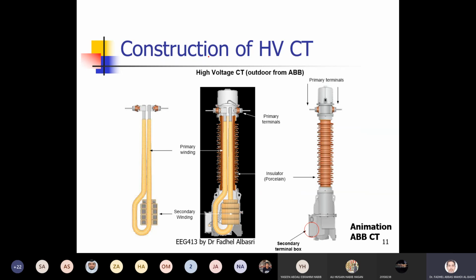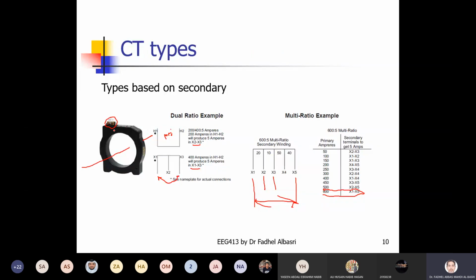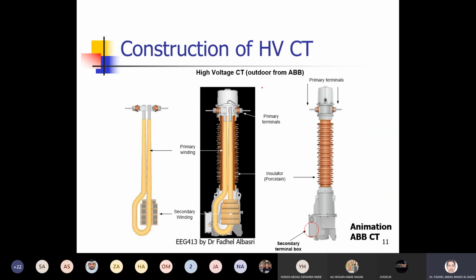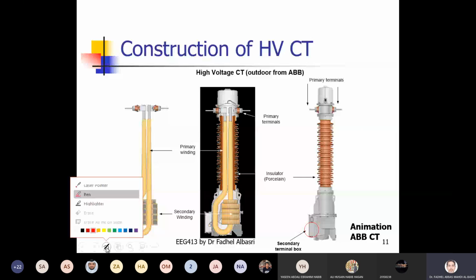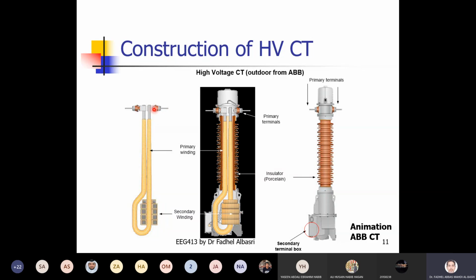For high voltage systems, the CTs are not constructed as simply as this. For high voltage systems, we have CTs as I showed you in the pictures, something like this. It has a primary winding inside here, the yellow.